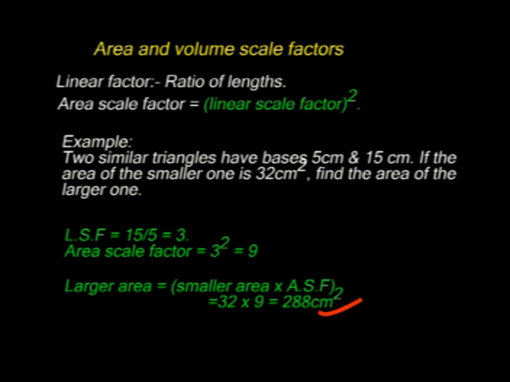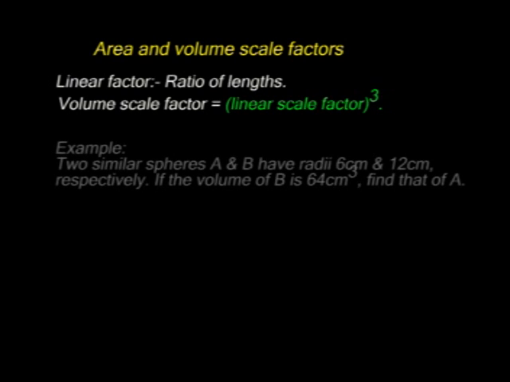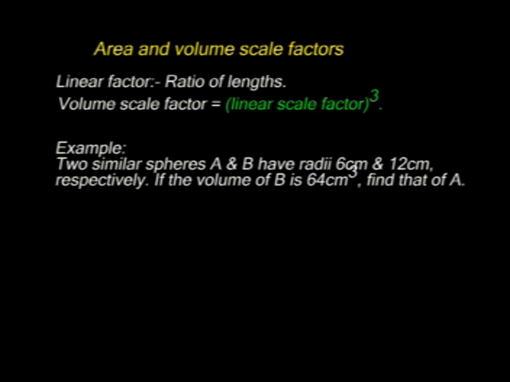The same case follows when it comes to volume, and volume scale factor is given by linear scale factor cubed. For example, two similar spheres A and B have radii 6 and 12 centimeters respectively. If the volume of B is 64 cubic centimeters, find that of A. Again, in the solution, we first find the linear scale factor.